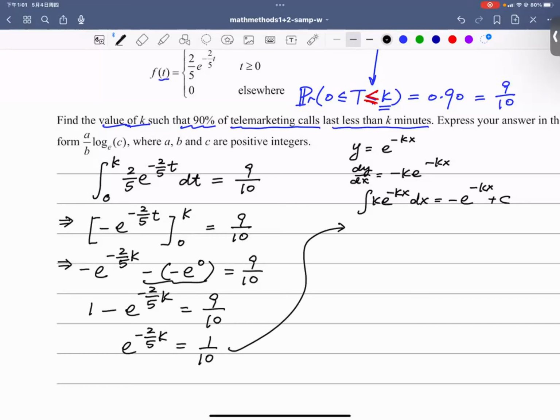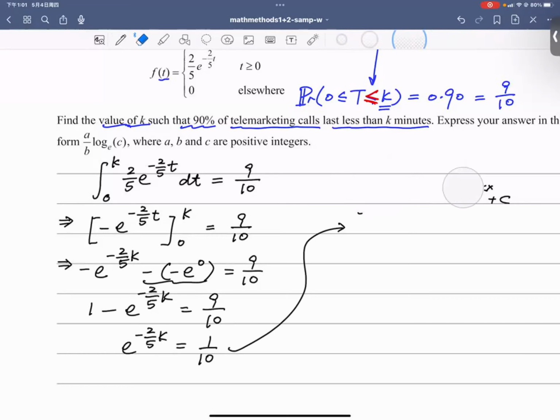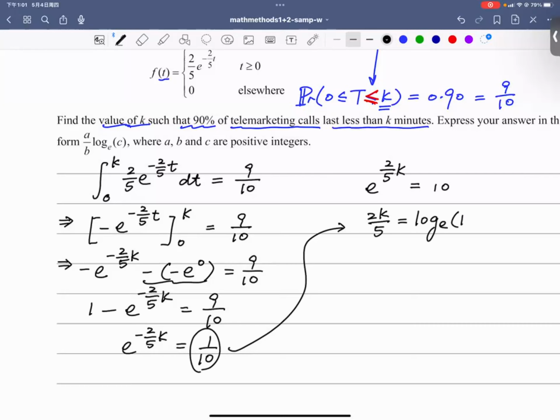Okay, now if you flip both sides, that will be e to the power of 2 over 5 k equals, flipping 1 over 10 gives you 10. And 2k over 5 equals log e of 10. k equals 5 over 2 log e of 10. Okay, so that will be your final answer.